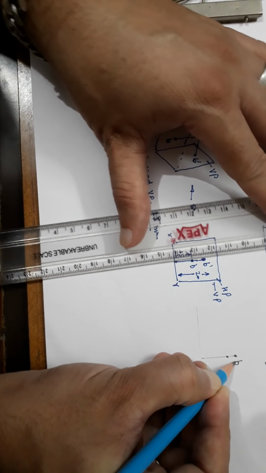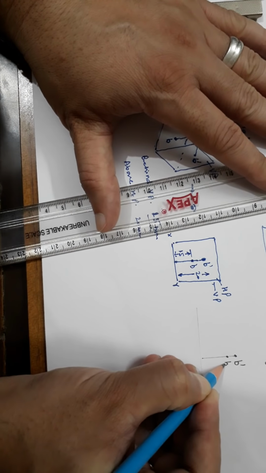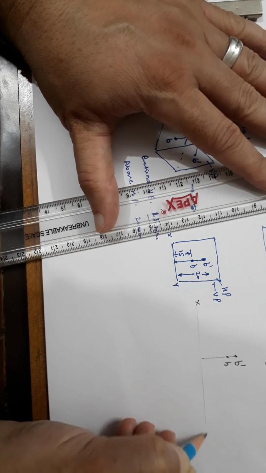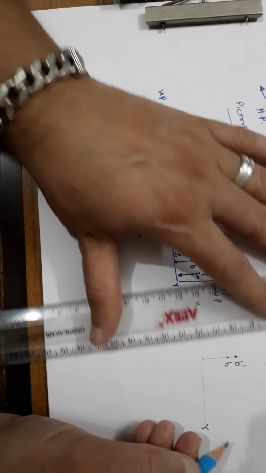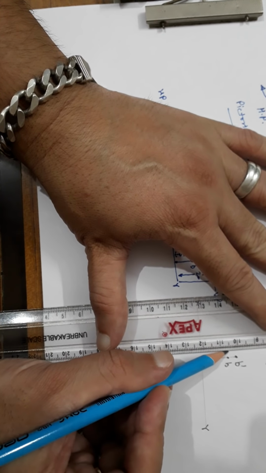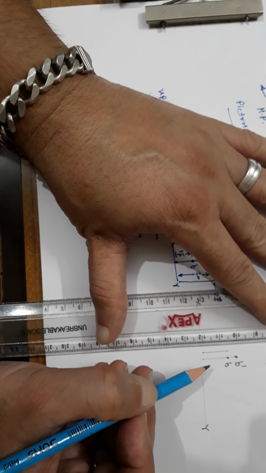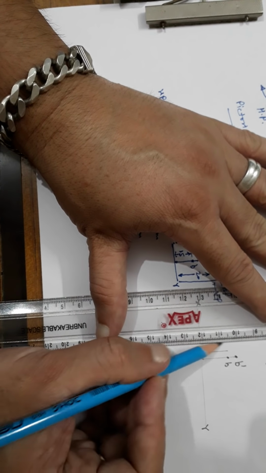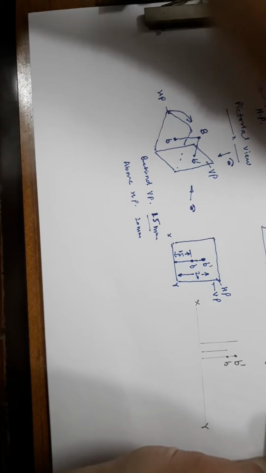So this is B dash and B, and this is X, this is Y, the XY line. Now you can show the dimensions as well. Here this is 15 mm, this is 20 mm, and you can use the extension line.